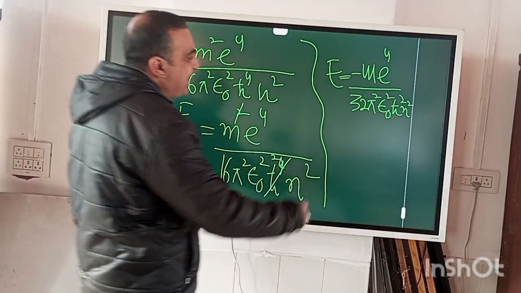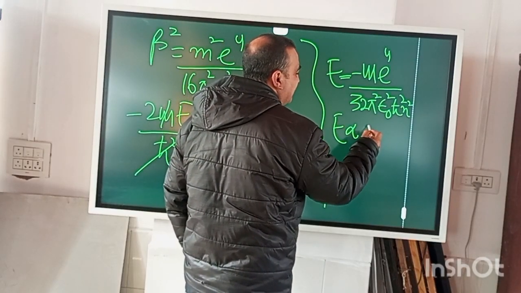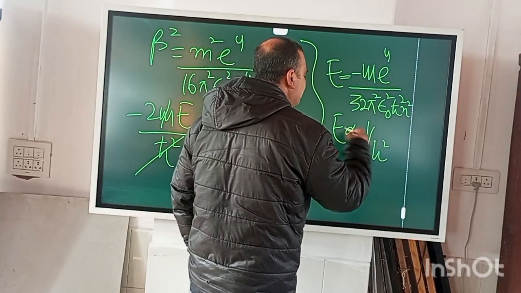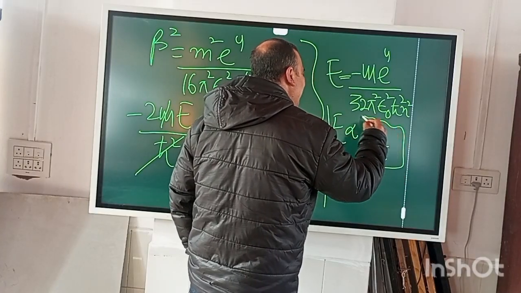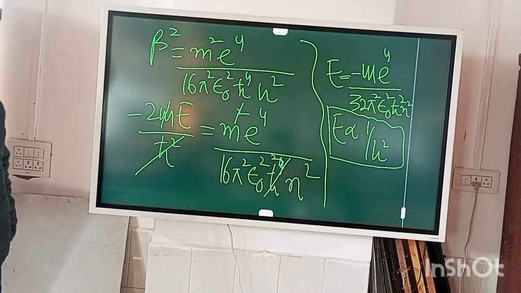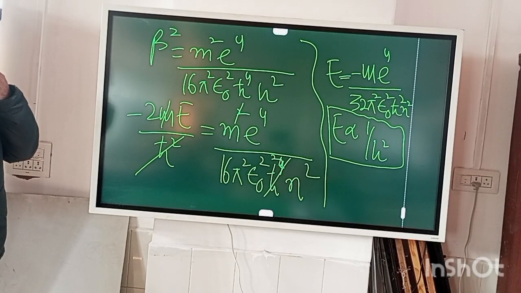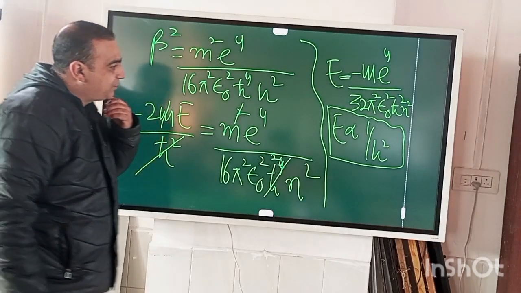And you can say that this E is inversely proportional to the square of n, which gives what you call the energy levels of the hydrogen atom. So this is where we get the quantization of energy in the hydrogen atom problem.